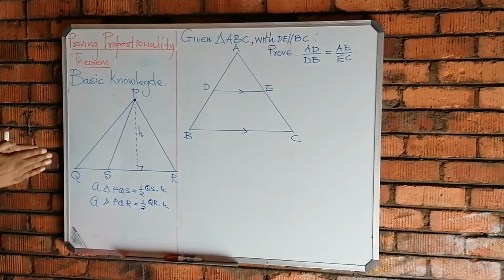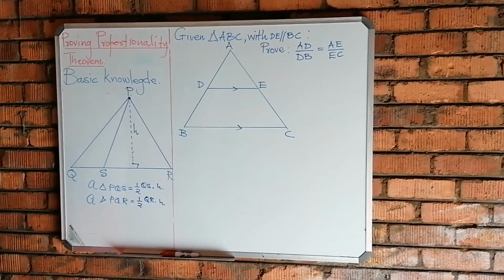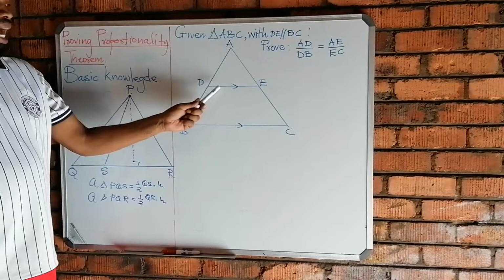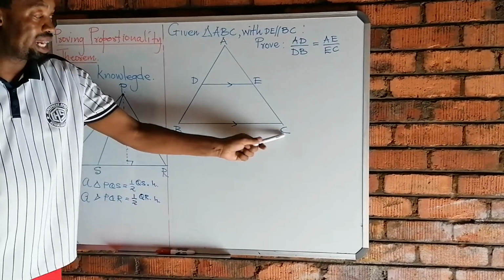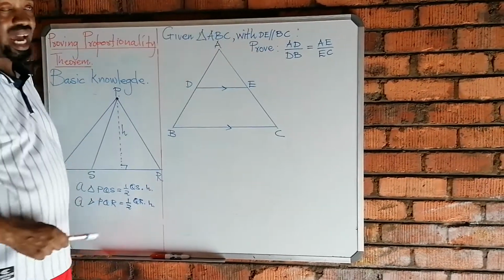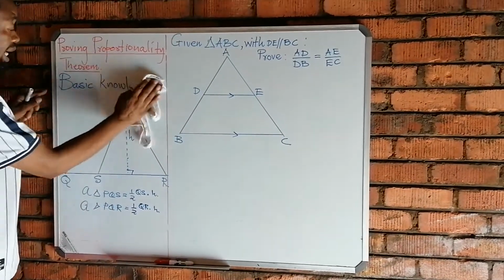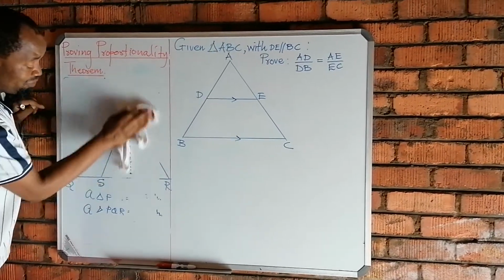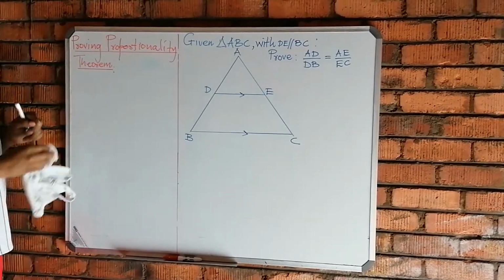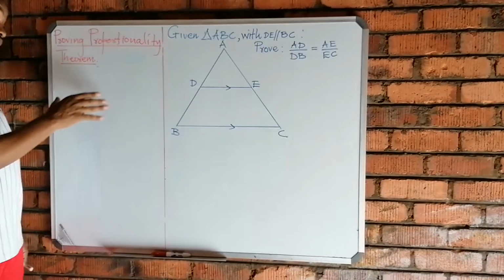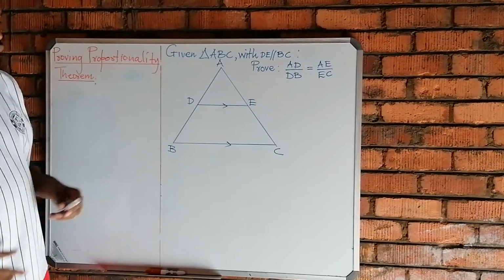Now, with this knowledge, I can proceed to prove the theorem that states that a line drawn parallel to one side of the triangle divides the other two sides in the same proportion. Let's prove this theorem. Very important, I want to stress the fact that the three basic knowledge that we had here will appear as we prove the theorem.